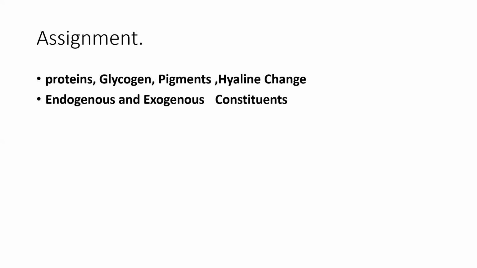Whether the quantity of these chemicals is normal, or less, or more, we can study with a blood test. Okay. So in the next class, we will discuss particular organs, for example, pathology of the blood, pathology of the liver, pathology of the kidney, pathology of the lungs, pathology of the spleen.